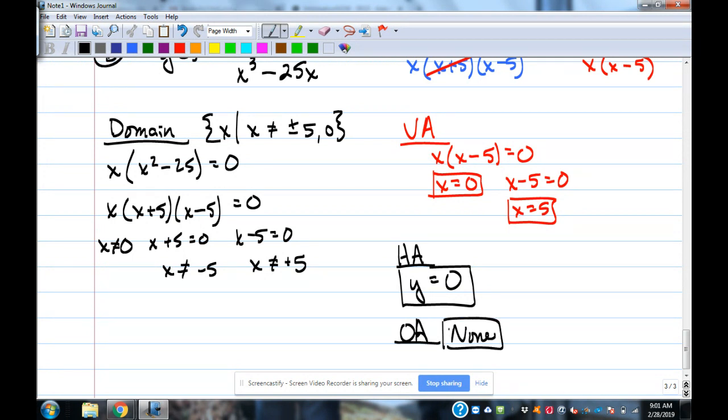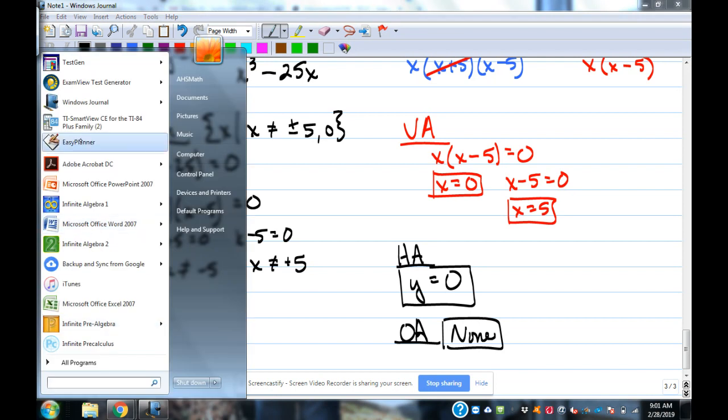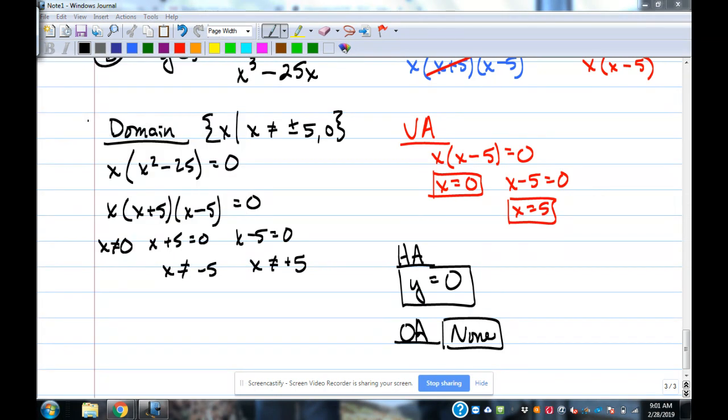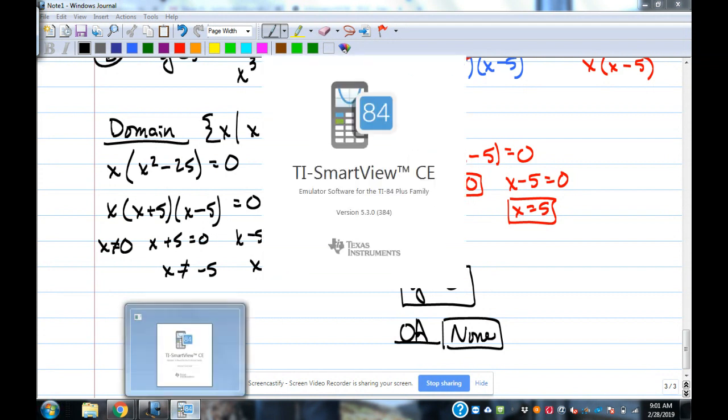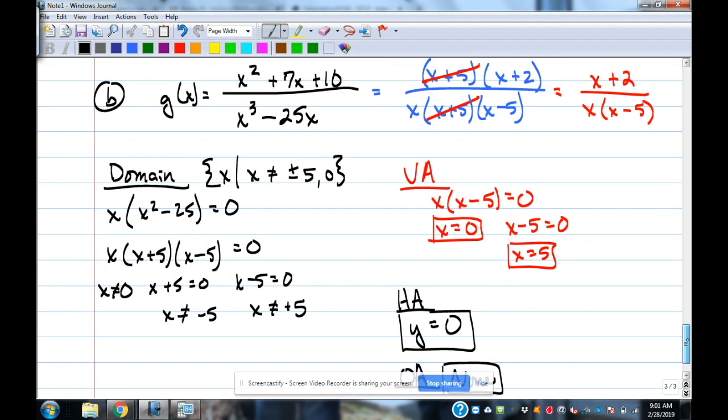All right. Let's look at this one on the graph so that you can see some of this stuff actually showing up. When you're typing in these functions, you have to be careful to put parentheses around the top and the bottom in order to get it to graph correctly.